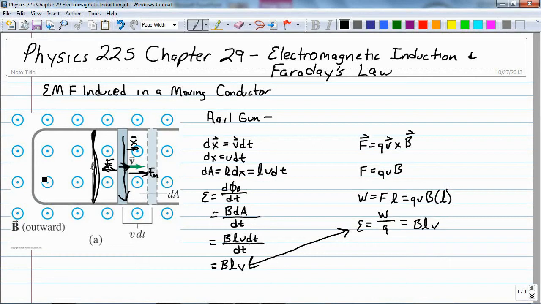Now, with a railgun, what they do is they quickly increase the magnetic field, and that increase in magnetic field causes this bar to move to the right. There's a homework assignment problem that talks about this that you'll have to figure out how the relationships between the bar moving and the current and the potential on these rails.